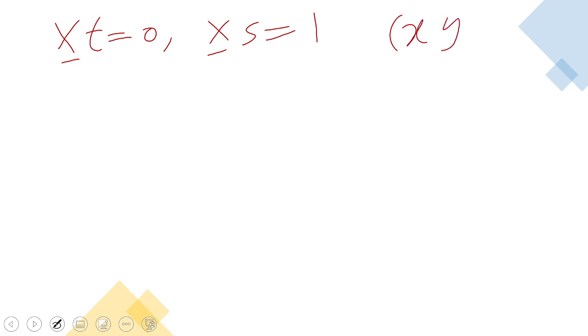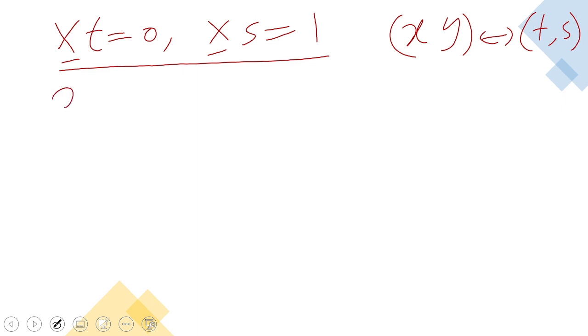We need to find coordinates T and S such that these two equations are satisfied. In fact we are searching for coordinates, so we are going from xy coordinates to T and S coordinates such that these two conditions are satisfied.